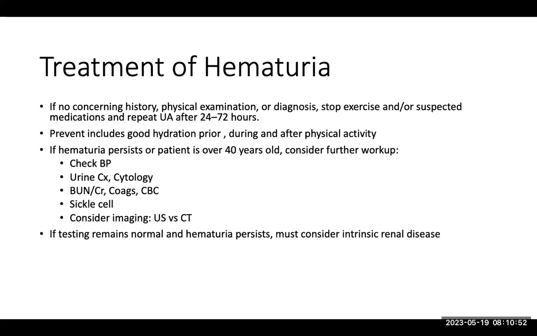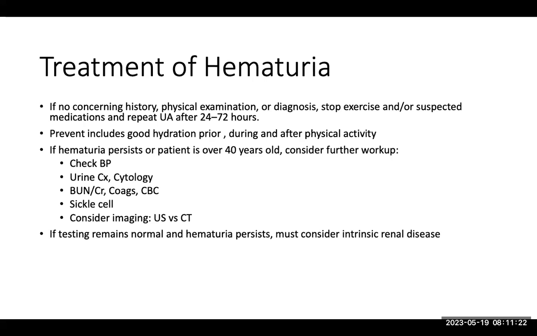And then in high-risk populations, maybe getting a sickle cell trait test may be helpful, because then you could explain why they're having this intermittent bleeding in the urine. And if you do want to go a step further, you can get a renal ultrasound or CT to directly visualize the kidney. And then you should consider doing these things if you really do think it is an intrinsic renal disease.